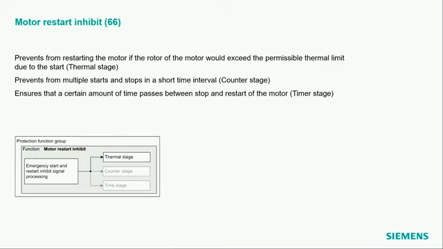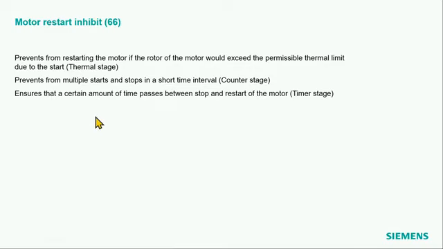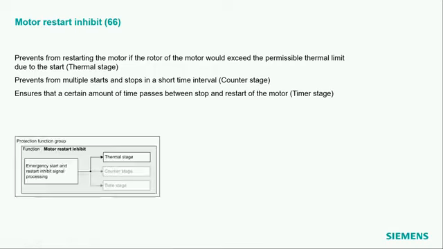Okay. And then we have a third stage here, the timer stage. This ensures that a certain amount of time passes between two starts of a motor. So I think that's not correct, between stop and restart of the motor, between two starts of a motor. I have to correct that later.